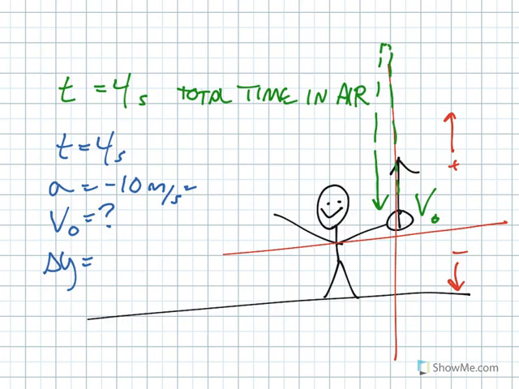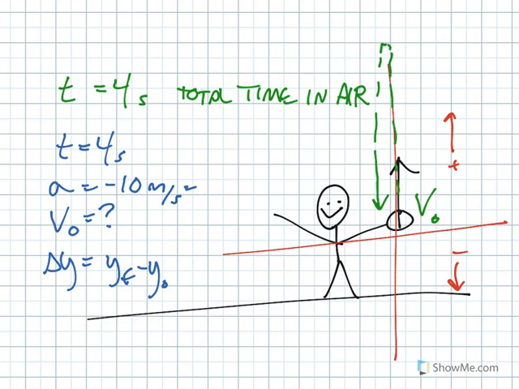Delta y, remember, that is its final position minus its initial position. So it started off at 0, where your hand is. It ended up at 0, where your hand is. So its displacement is, guess what? It's 0. It didn't go anywhere. It did go up and down, but that's equivalent to not going anywhere.